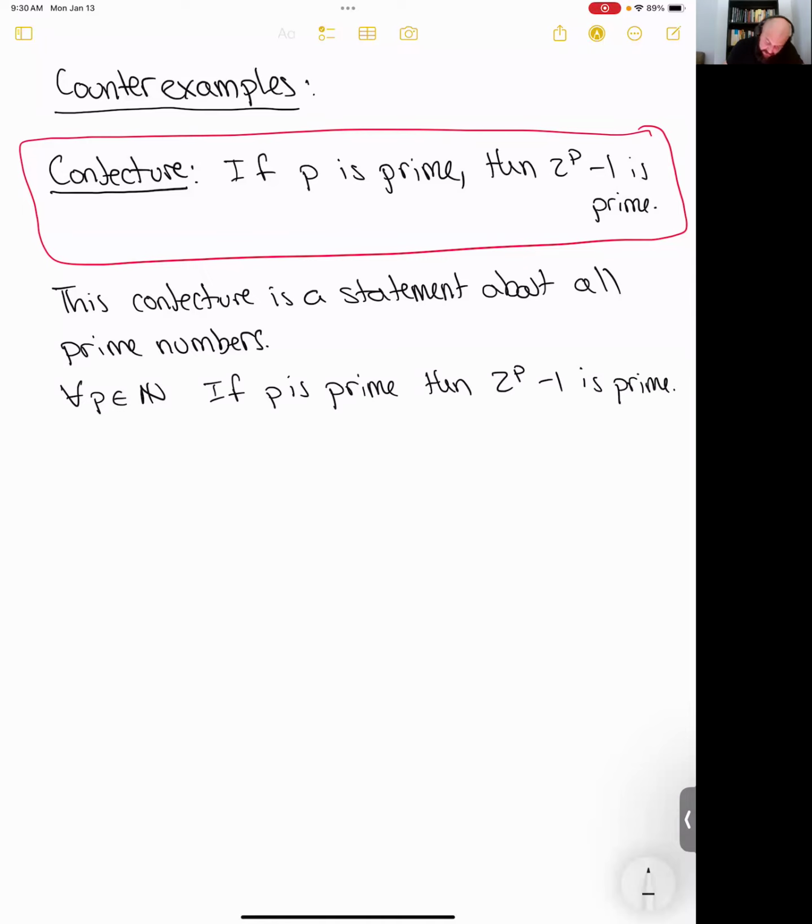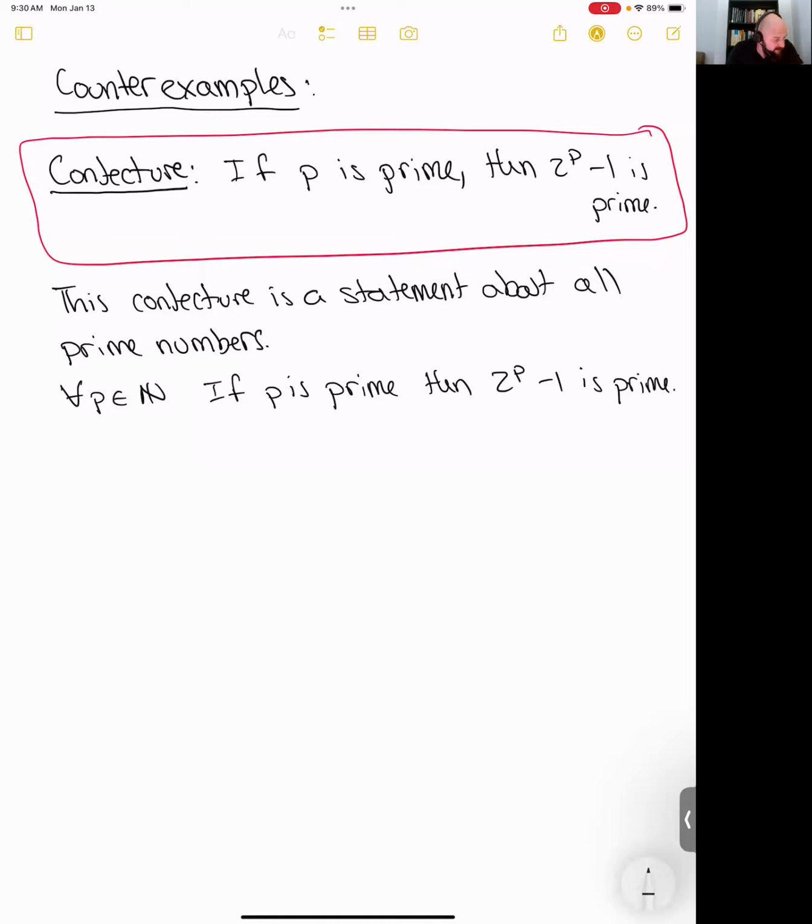That makes it really explicit that we're talking about all prime numbers. But I could have said for all prime numbers P, 2 to the P minus 1 is prime, right? So there's several ways to write this down.